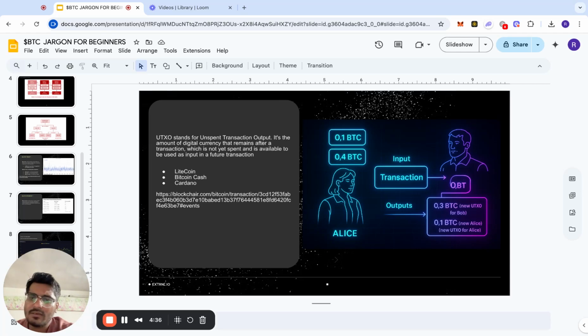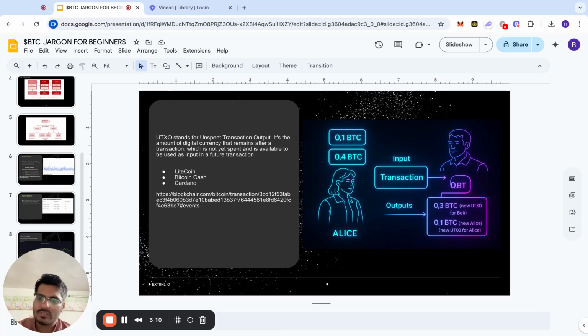You have a term called UTXO, that is, unspent transaction output. In Bitcoin, for every coin, they create what you can consider a digital receipt. Suppose there is a transaction where I am going to receive one BTC. That one BTC will be stored as a receipt against my address.